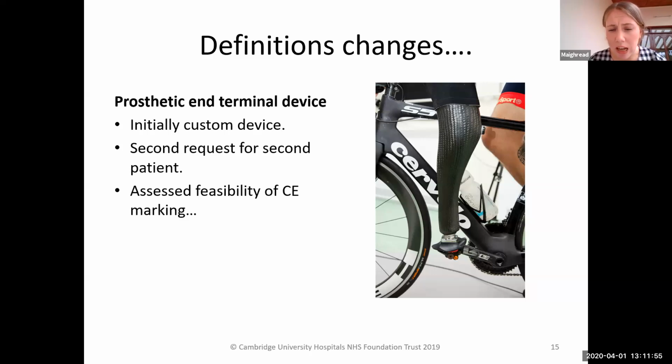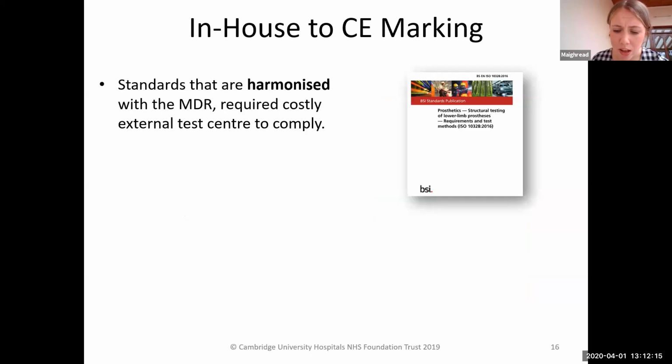The device had to undergo no design changes to make it suitable for the second patient. It was going to be an identical part to what was initially prescribed, so it did not fall under the custom device option. So we assessed the feasibility of putting a CE mark on the device. Here we ran into some issues regarding harmonized standards.